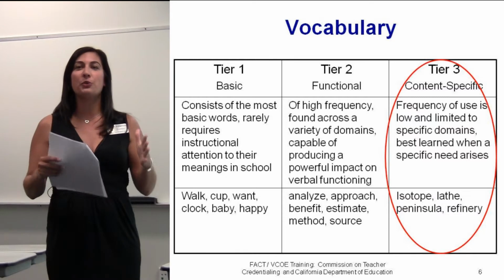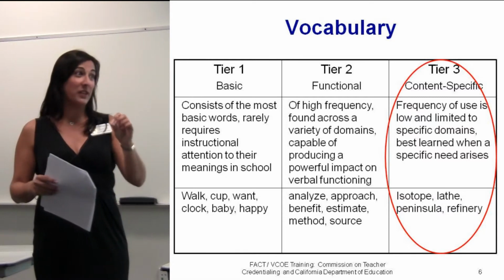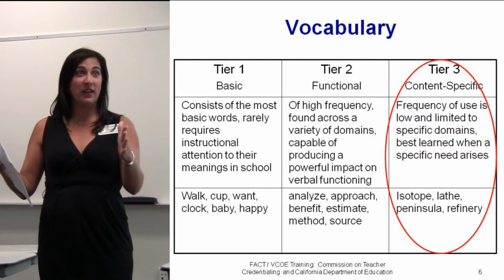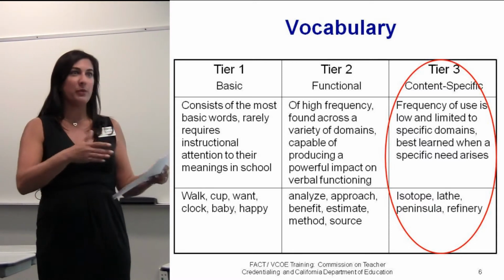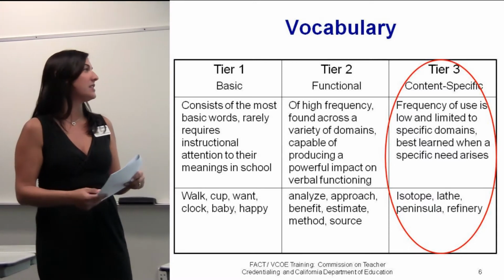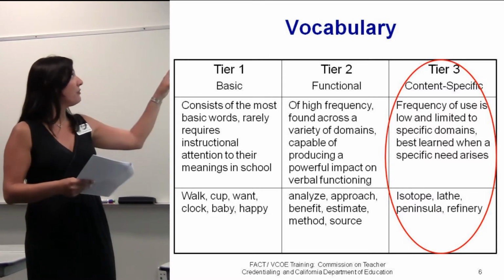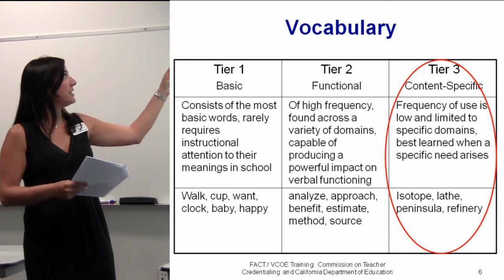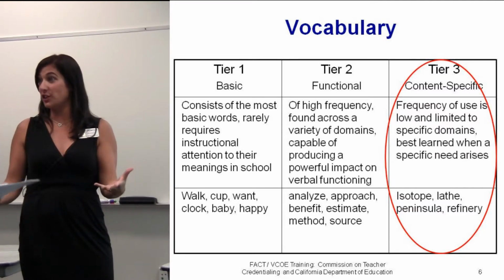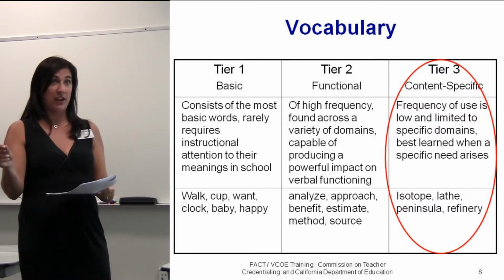But they're really only useful for that one moment in time, that one chapter, that one lesson. They're not as transferable. We don't often hear isotope in another setting. It's pretty specific to that science lesson. So their frequency of use is pretty specific, and it's oftentimes only used when we call on a child to use it in that one content area.